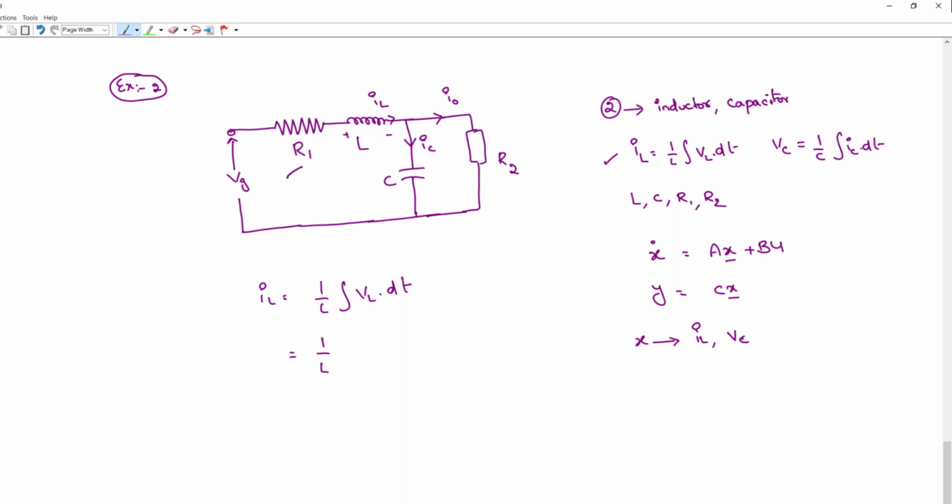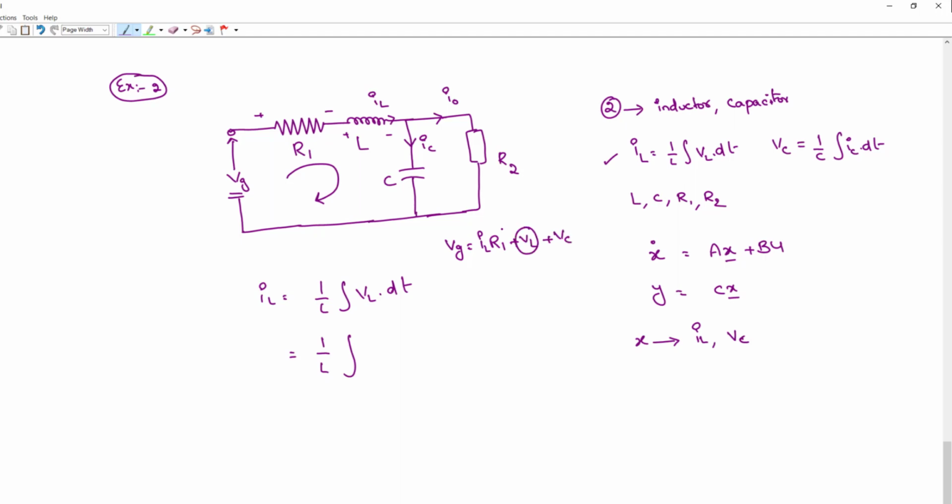If you apply Kirchhoff's voltage law, the input voltage is equal to the voltage drop across the resistance plus the voltage drop across the inductance plus the voltage drop across the capacitance. So Vg is equal to IL into R1, since the current is IL, plus VL, the voltage drop across the inductance, plus VC, the voltage drop across the capacitance.